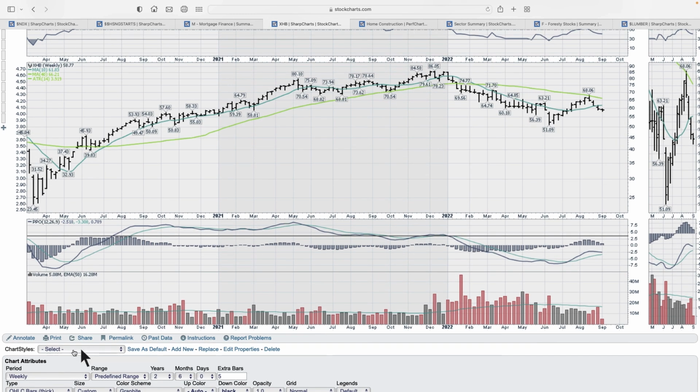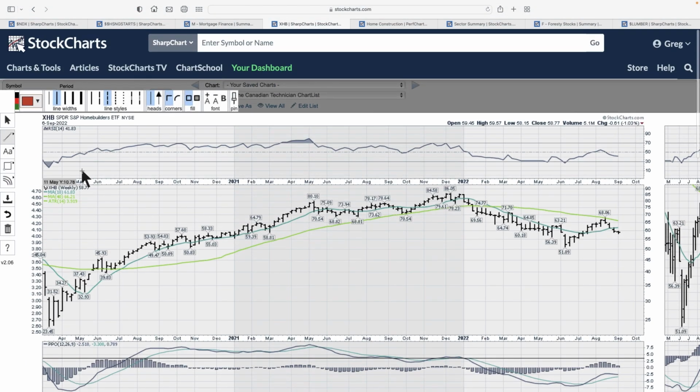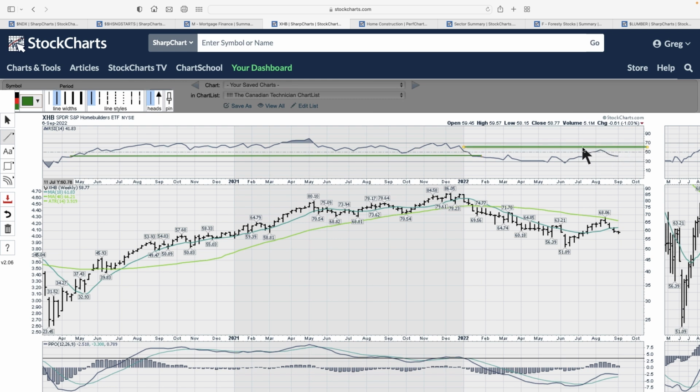The RSI also gives us some clues up here, and again, when you're in a bull market, the RSI stays above 40 on a weekly chart, and then we put the green line there. Maybe I'll just make that a solid line. And then when we're in a bear market, it goes down and it touches 30, like it did here, and that just tells you you're still in a problematic market.